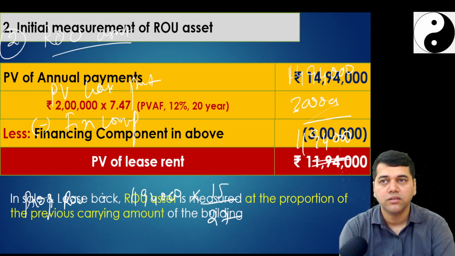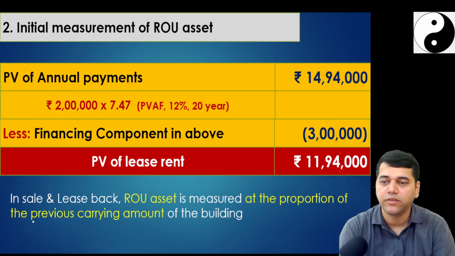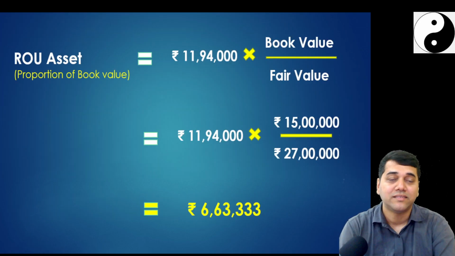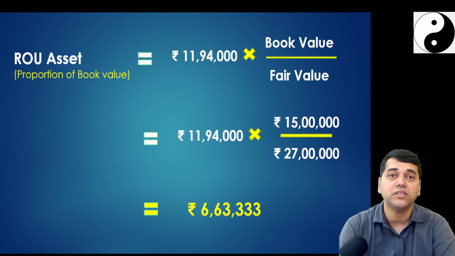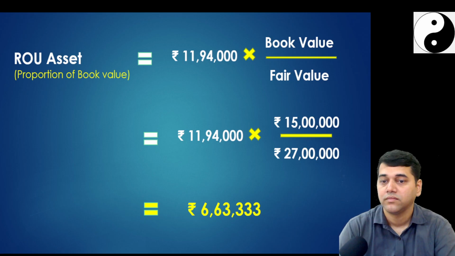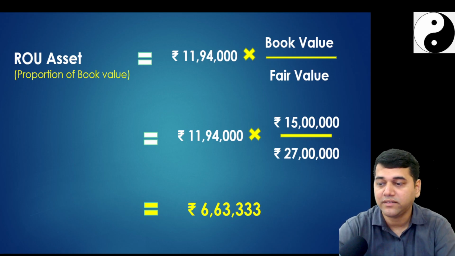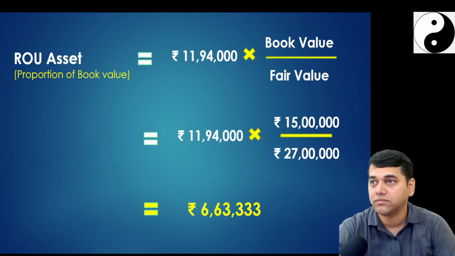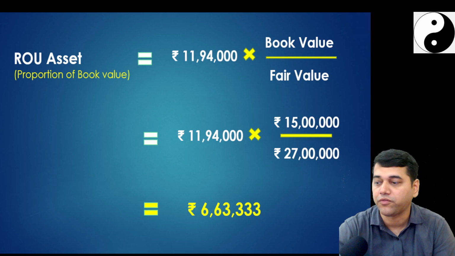Same theory and all we will write, then we calculate and we get 6,63,333. So I should recognize ROU at 6,63,333. And why do I do this? Because previously I would have recognized a big amount of profit. Now I should recognize proportionate profit.